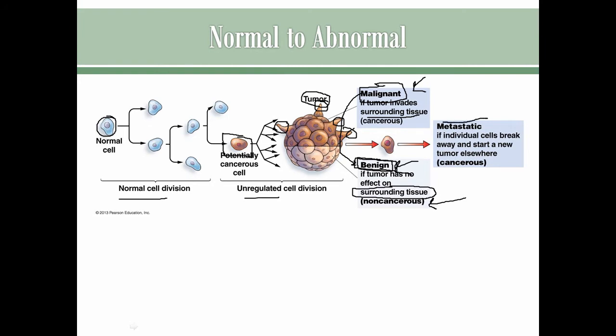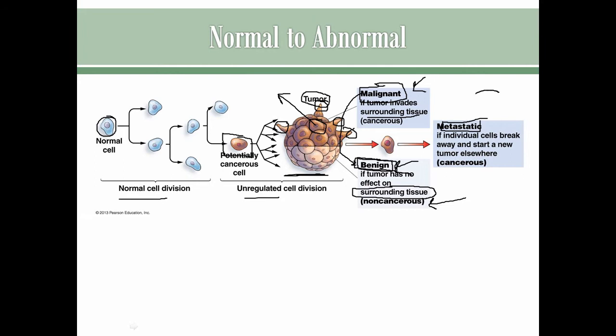Now, malignant tumors also have the ability to undergo something called metastasis. You'll see that word on the next slide. Metastasis is when cells from a tumor break away and travel to another part of the body. Let's say this is a liver tumor, and one of the cells breaks off, travels through the bloodstream to the brain, attaches there and starts forming another tumor.